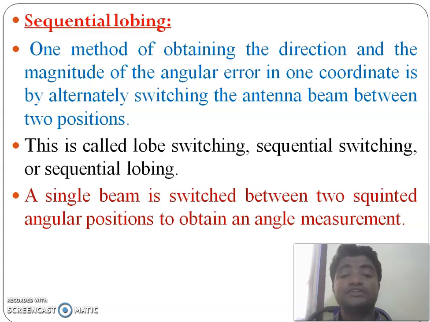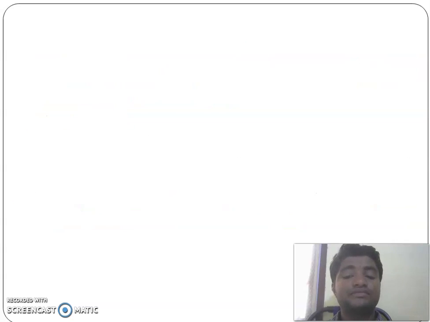This is called lobe switching, sequential switching, or sequential lobing. The single antenna beam is switched between two positions to obtain the angle measurement.